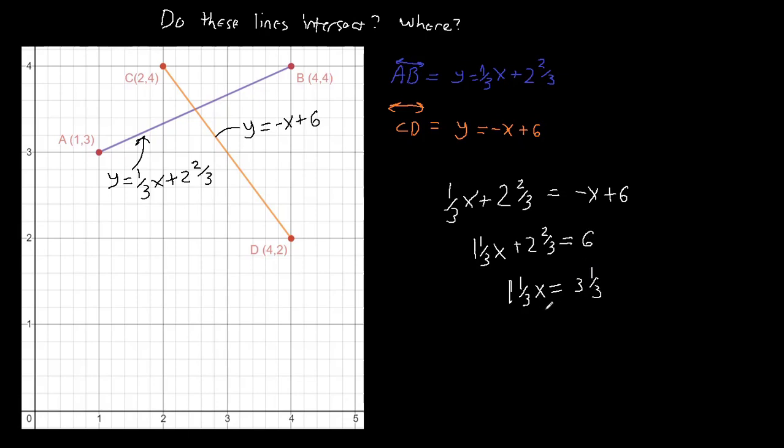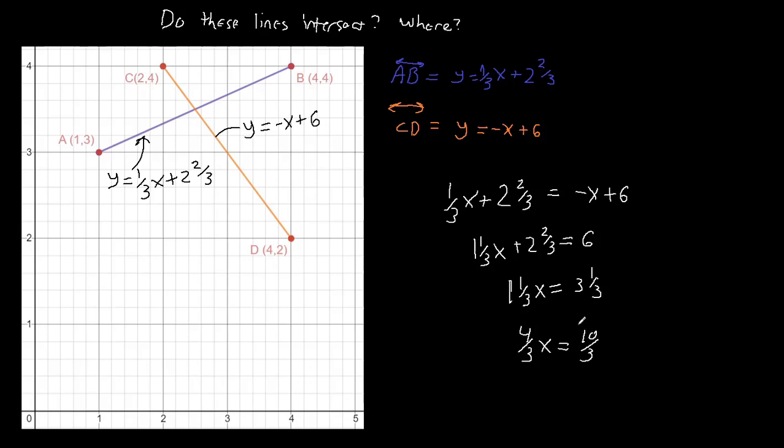Now, in order to do the math without a calculator, I'm going to convert these to improper fractions. So 1 1/3 is equal to 4/3. Multiply the whole number by the denominator and then add the numerator. So we have 4/3 x is equal to, multiplying the whole number times the denominator, which is 9, plus the numerator, 10/3 here.